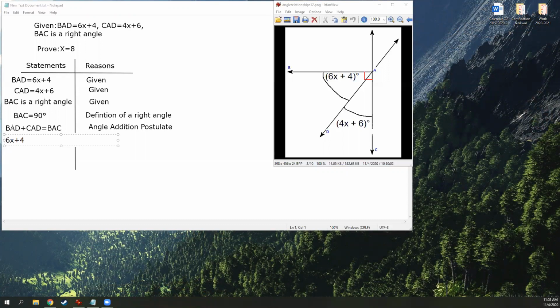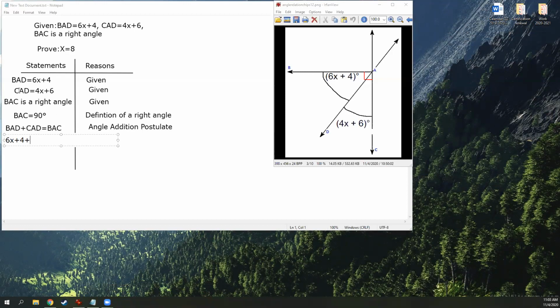Because these two things, BAD and 6x plus 4, are equal here, I can make any instance of BAD become 6x plus 4. And I could go the other way too. If there was a 6x plus 4 somewhere, I could make it BAD. So we did that with BAD, and it's going to get plus because it was BAD plus, and this is now BAD.